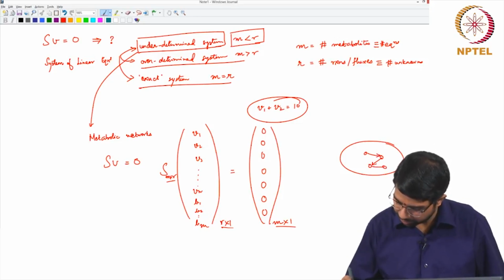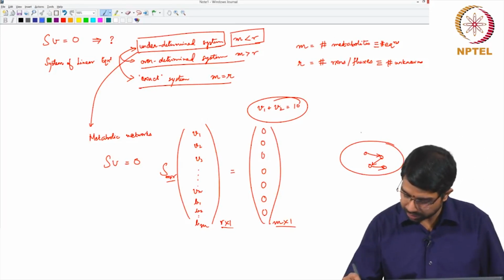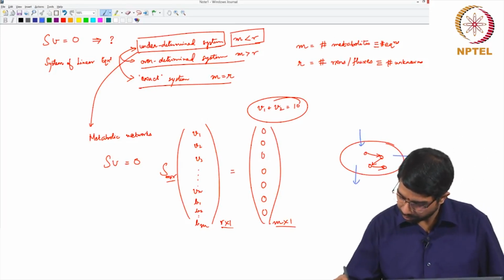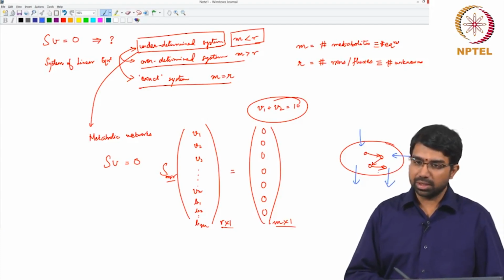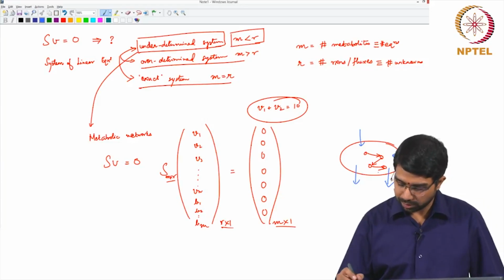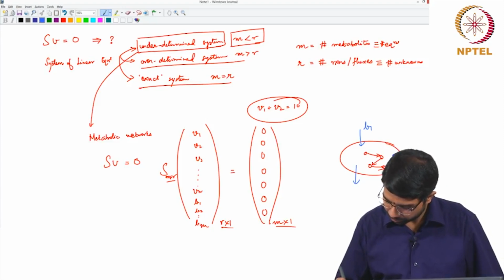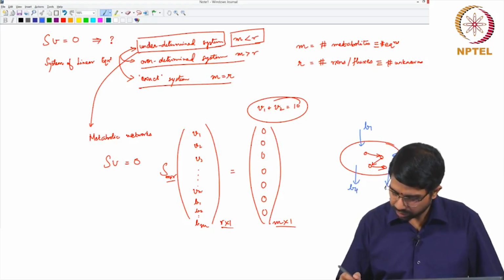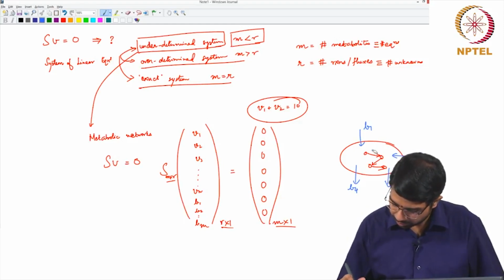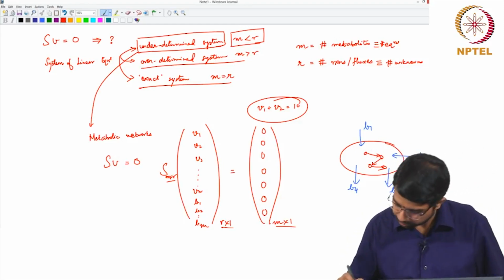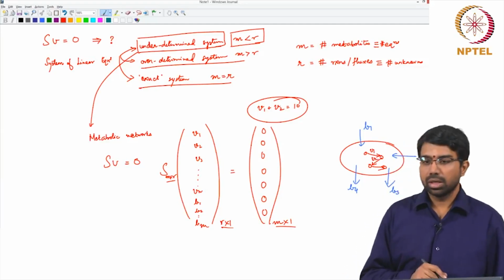So, these are different metabolites and you can think of all these as internal fluxes, and then you can also have some nutrients coming in, things being secreted outside by the cell, important products and so on. So, these are what we call the exchange fluxes and these are the internal fluxes. And so on.